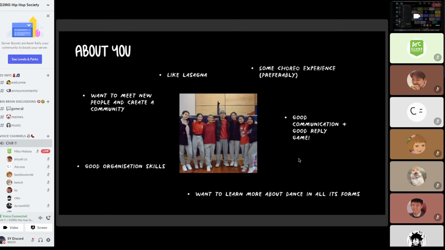And being a choreo leader would be a great way to meet new people and create your own community, aka your choreo crew. And it would be great if you had good organizational skills, because this role also includes organizing the regos of all your team members, letting your team members know all the dates of the events, because you have the choice to perform in different events such as levels, upstage, synergy, just dance.